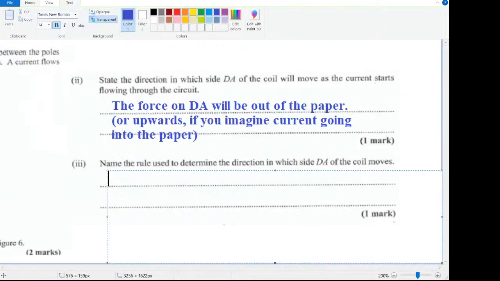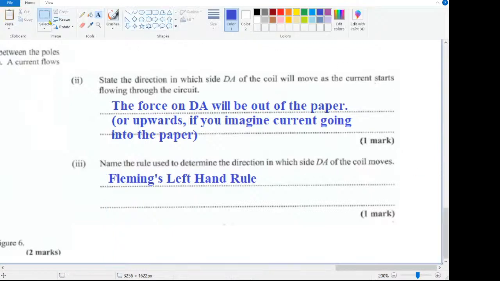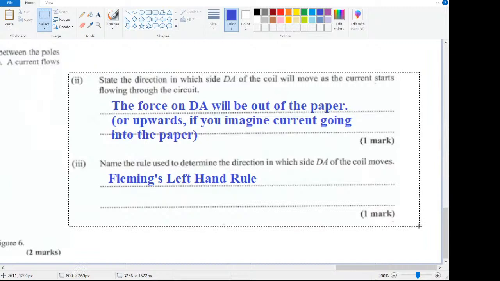Name the rule: Fleming's left hand rule. Sometimes the two answers here could be correct, because people will interpret it in different ways.